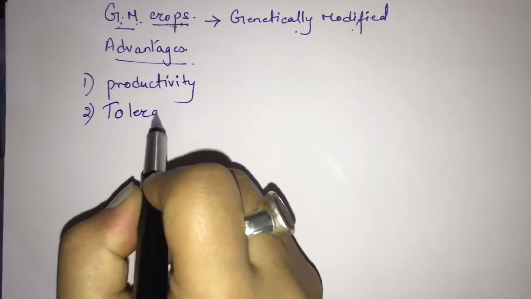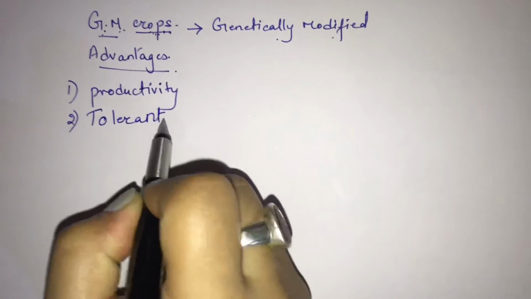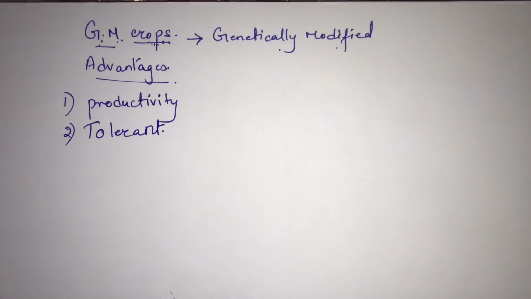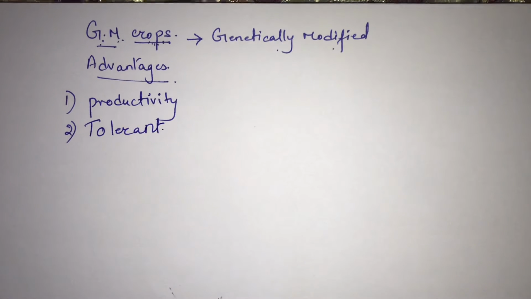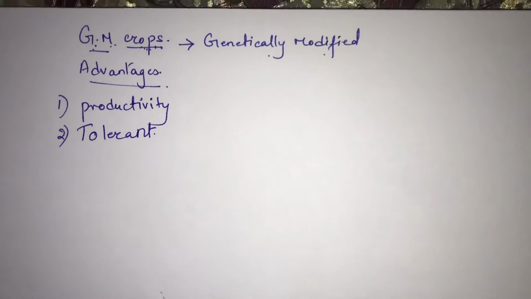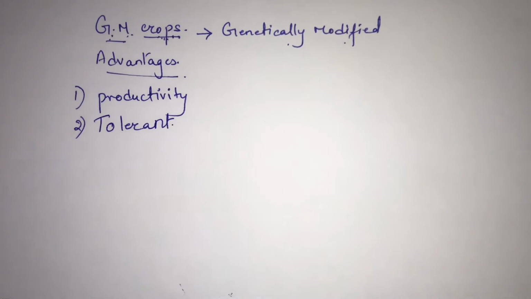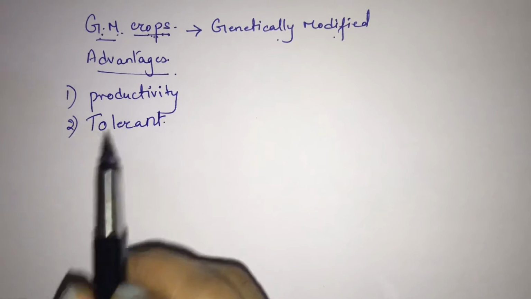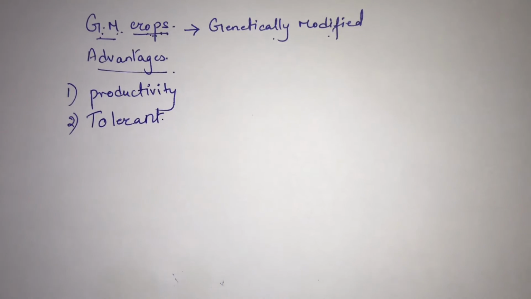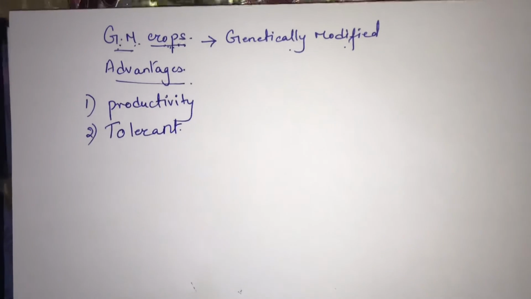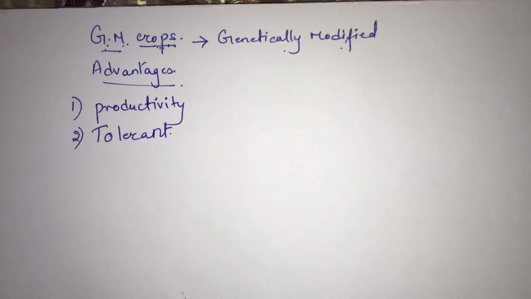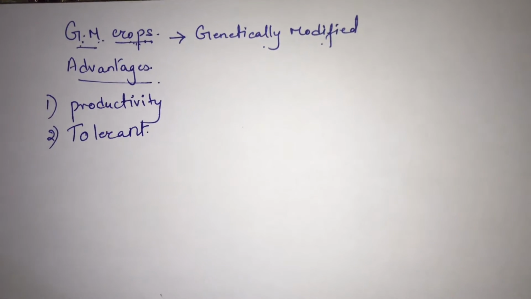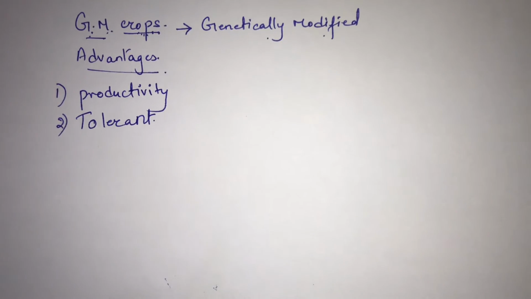Genetically modified plants will be highly tolerant to abiotic stress like cold, drought, heat, etc. Some crop plants yield very good productivity for several years, but in a particular year, if there is some environmental stress, like heavy cold or heavy rainfall, then in that season it cannot yield as much as it used to.